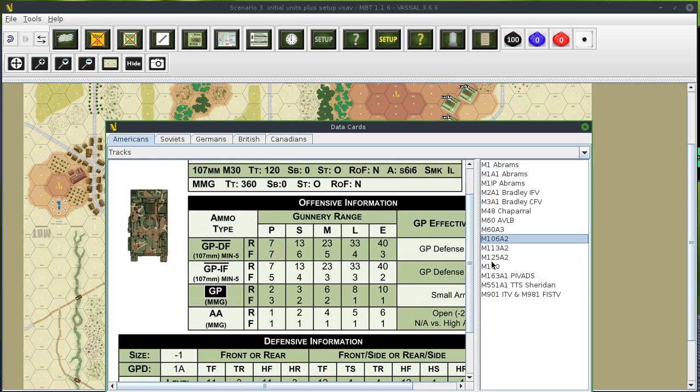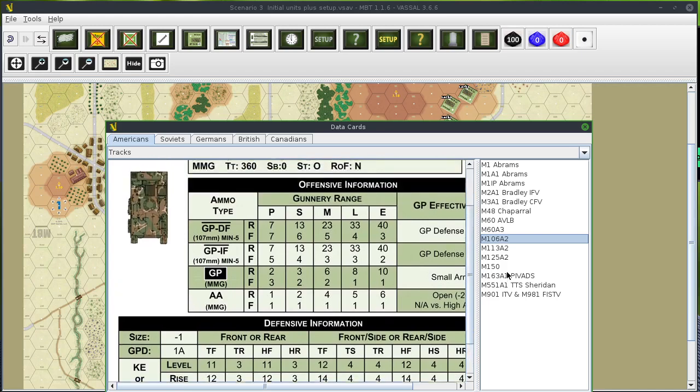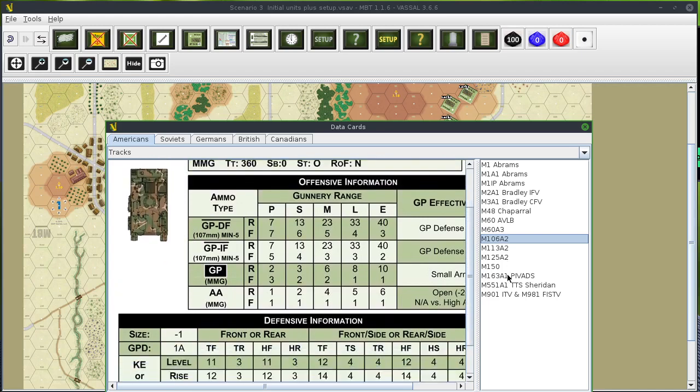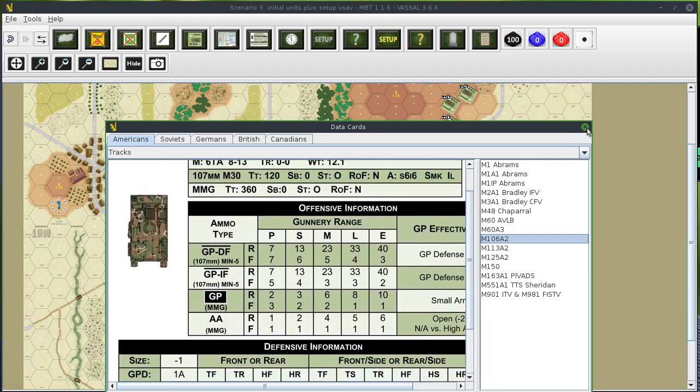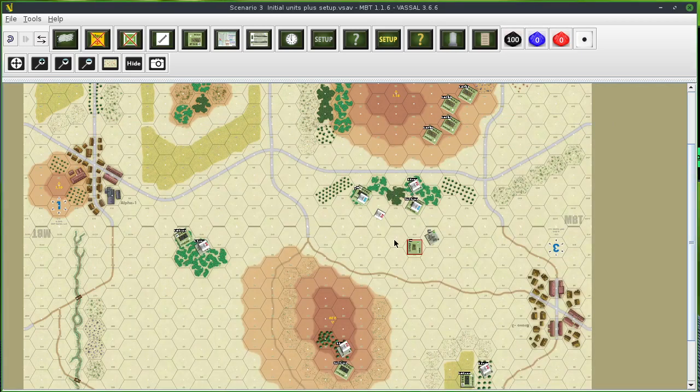It has good range, but it really can't defend much, except it can defend against infantry units. So I'm going to move that forward nevertheless. I'm also going to put that in the same hex as the command unit. And I'm going to put this infantry unit right next to it over there. Okay.